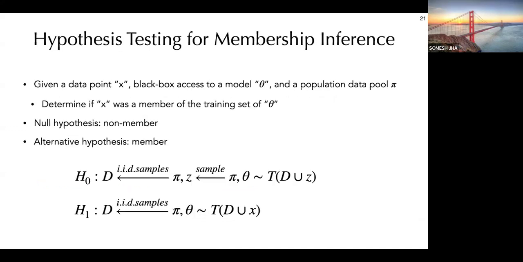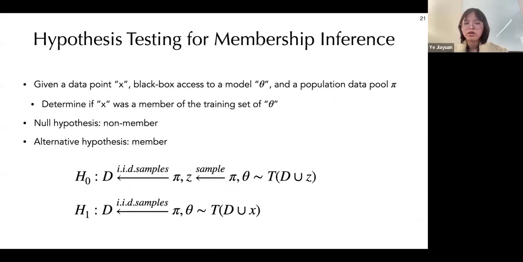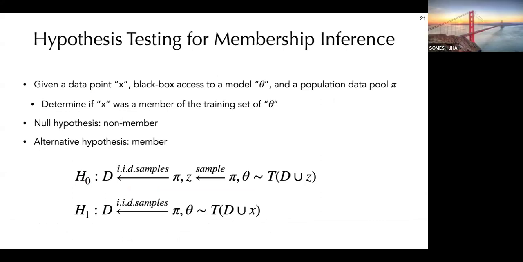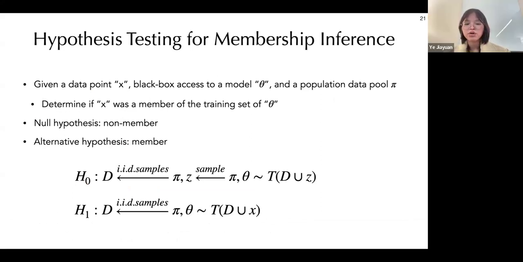To be more precise, let's see what these uncertainties mean in terms of probabilities in this equivalent hypothesis testing framework for membership inference. There are two hypotheses. In one hypothesis, the population data Z is randomly sampled, and then the model is trained on this population data. This is the non-member world, because with very high probability, the target data will not overlap with the population data.